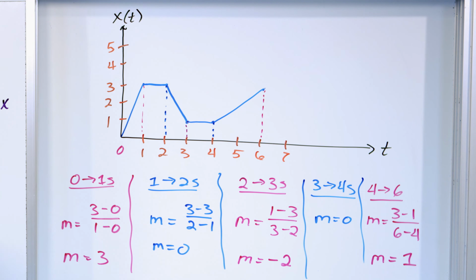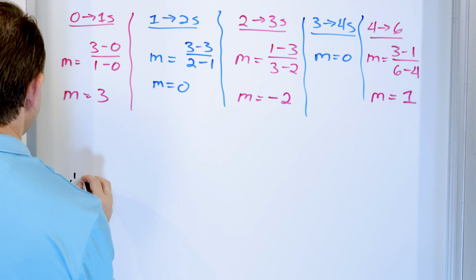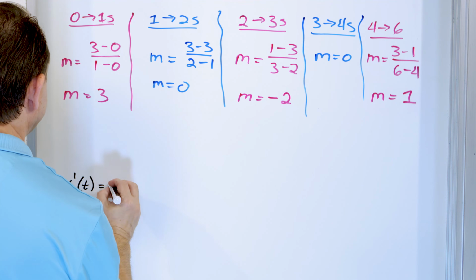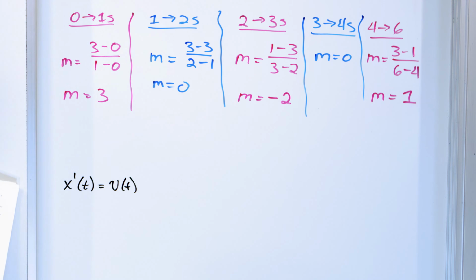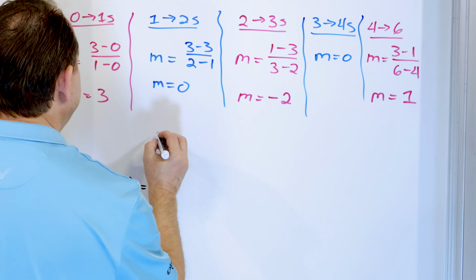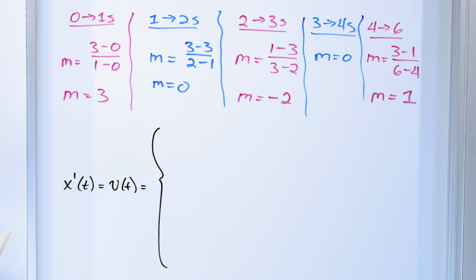All right, so if we wanted to write this down in a rigorous, mathematical way, you could say x prime of t, which is the derivative, but we could also just call this the velocity as a function of time, because we know that's what the derivative of the position is. And because it's piecewise defined, we would write it in a piecewise way.